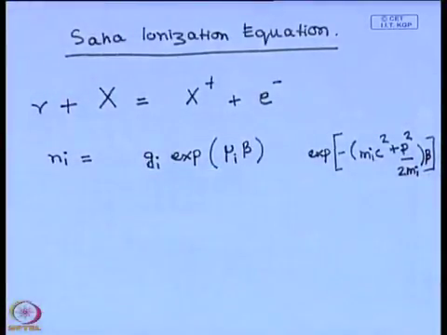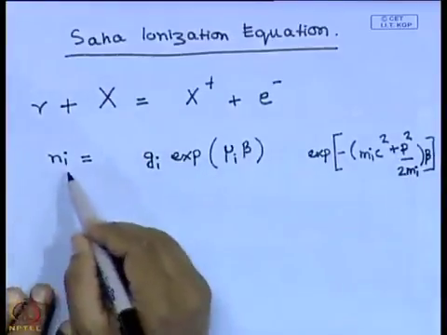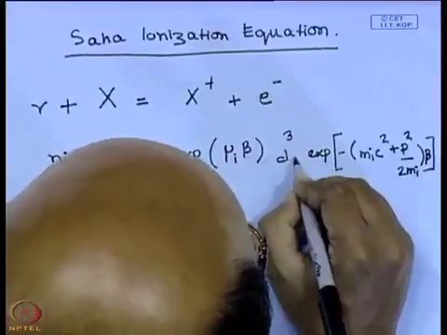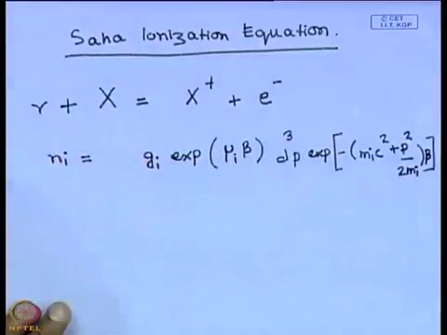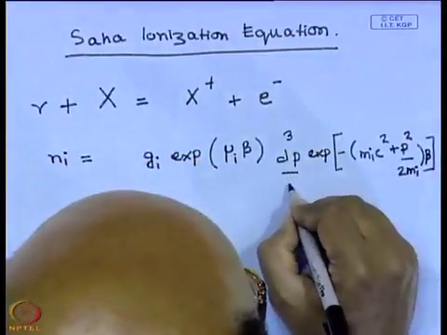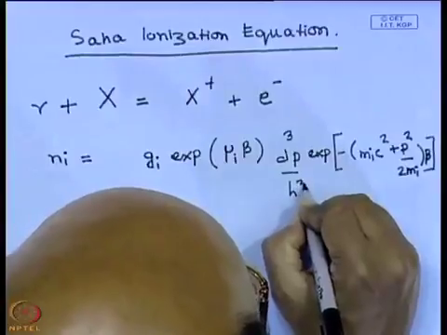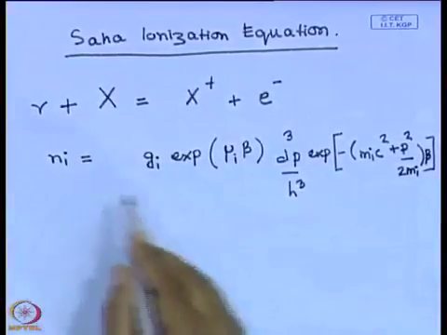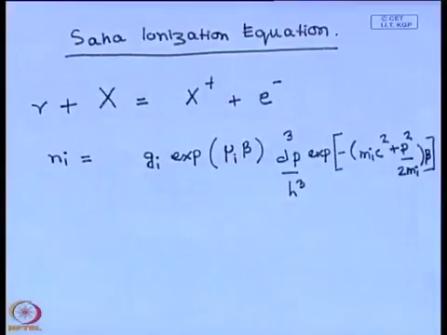So, the Maxwell-Boltzmann distribution tells us that the number density of particles with momentum in the range d^3p divided by h cubed is given by this expression.